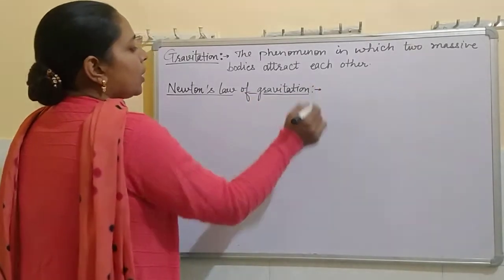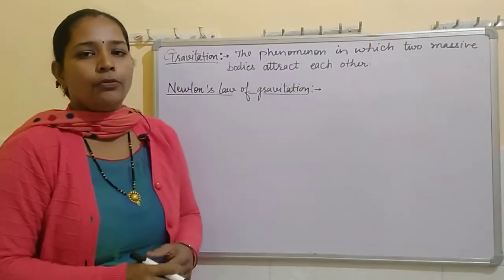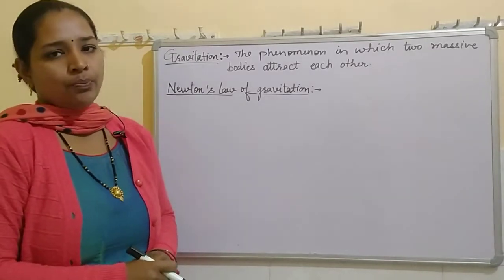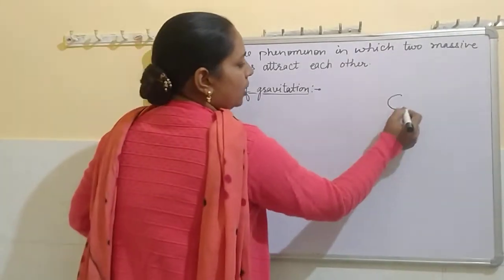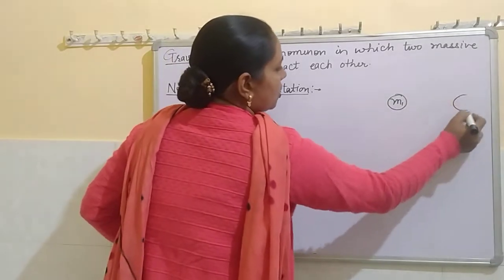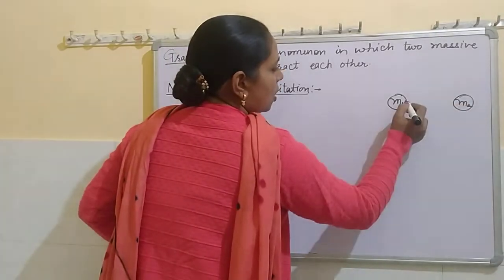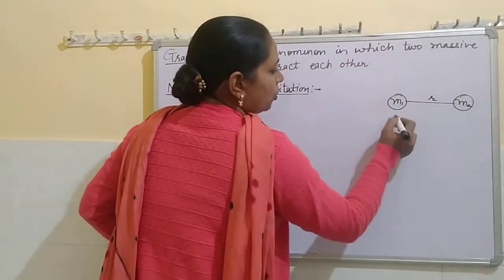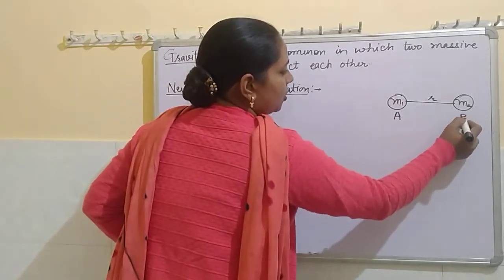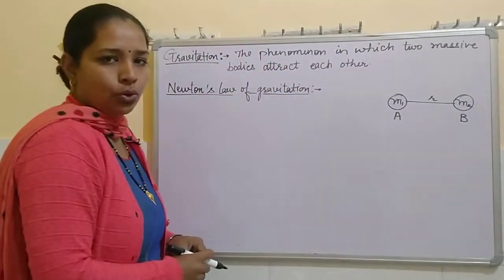Newton said there exists an attractive force between two bodies of masses m1 and m2 separated by a distance r, and the two bodies always attract each other by a force.